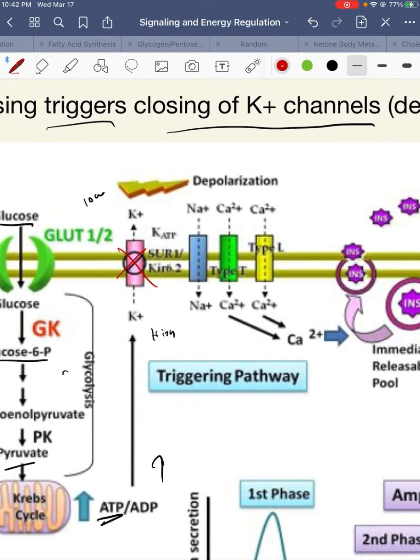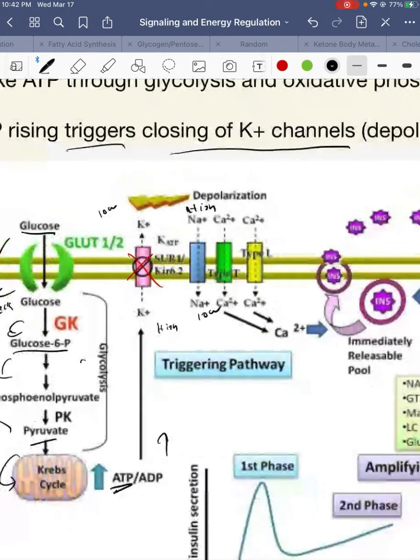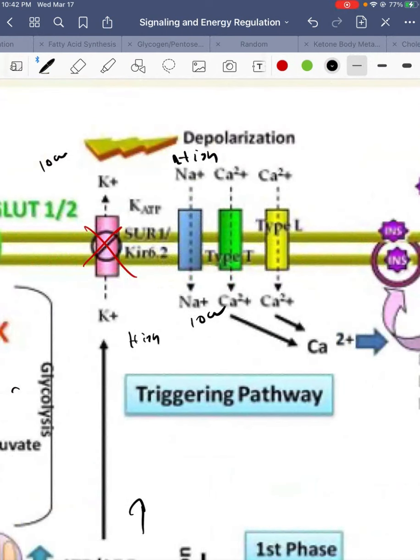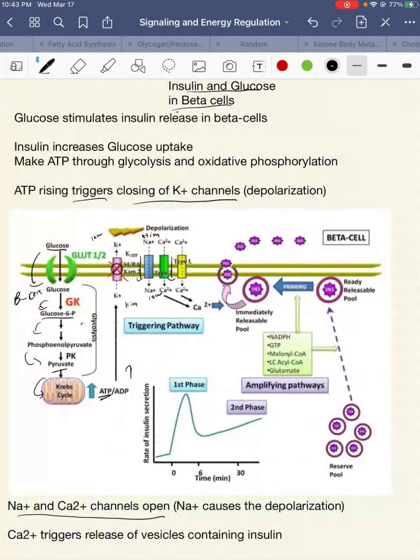Sodium and calcium are different. They're high outside and low inside, so they want to enter. You have L-type calcium channel, D-type, T-type. You don't have to know the difference. So we close potassium and we open sodium and calcium channels. Those allow sodium and calcium to come inside the cell. This results in a more positive cell inside because we retain the potassium and we allow sodium and calcium to enter. And then this causes depolarization. Okay?